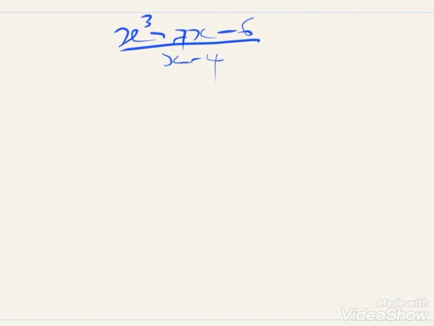We want to know if x minus 4 is a factor of the numerator. Before using synthetic division, let me just substitute. Let x minus 4 be set equal to 0, such that x is equal to 4 when we solve for x.